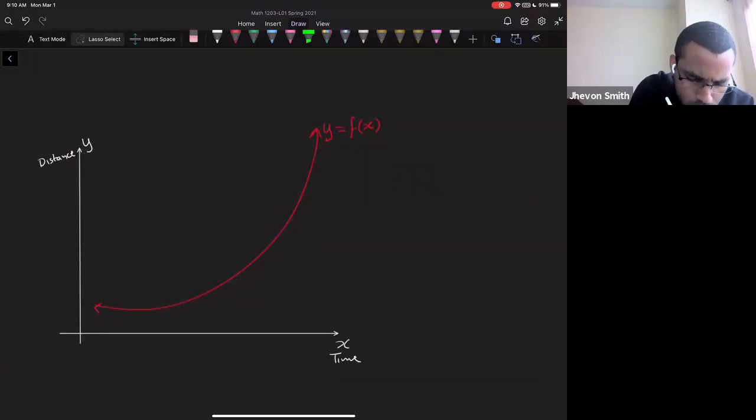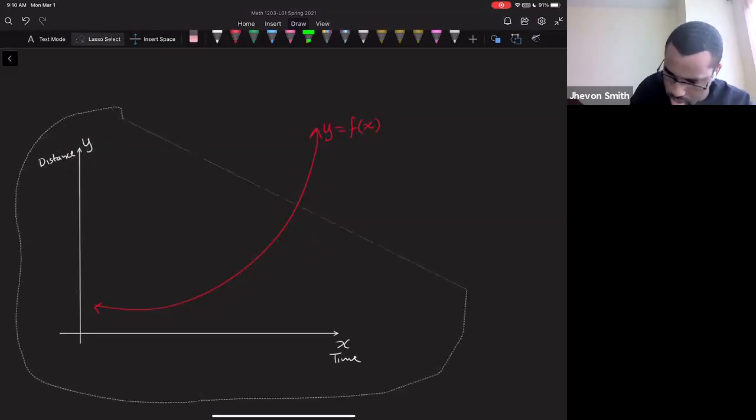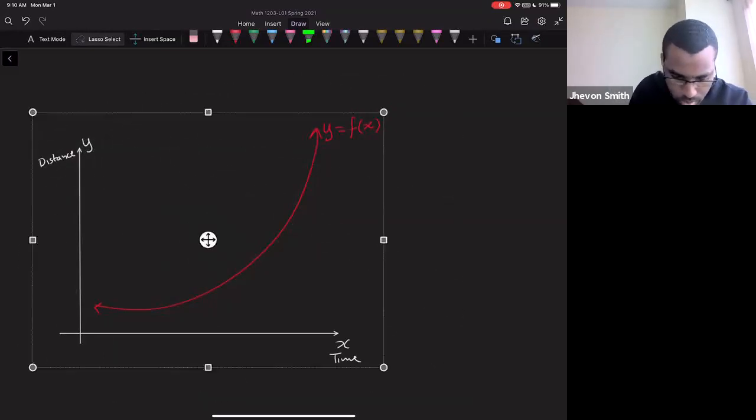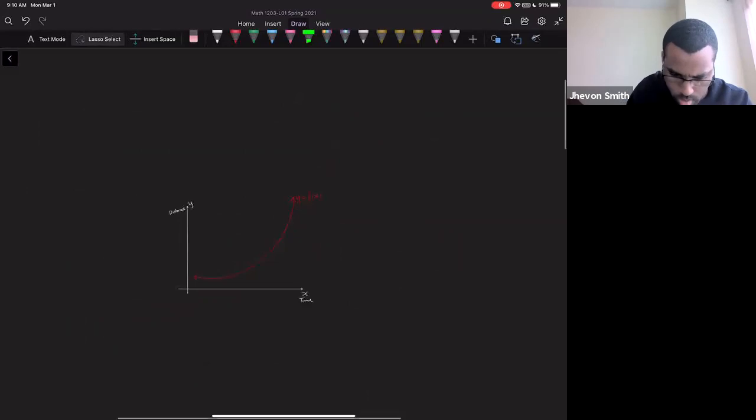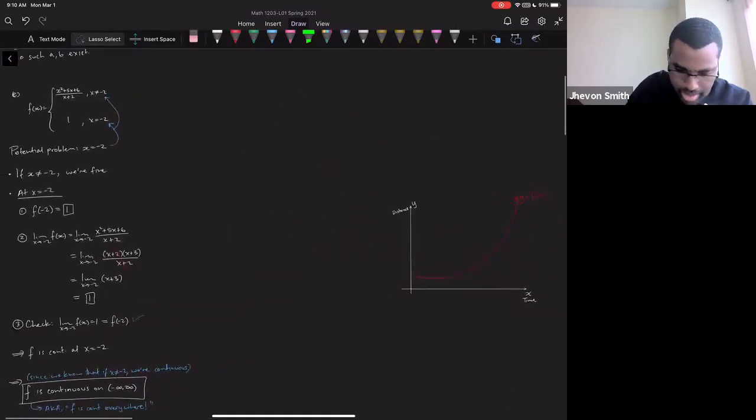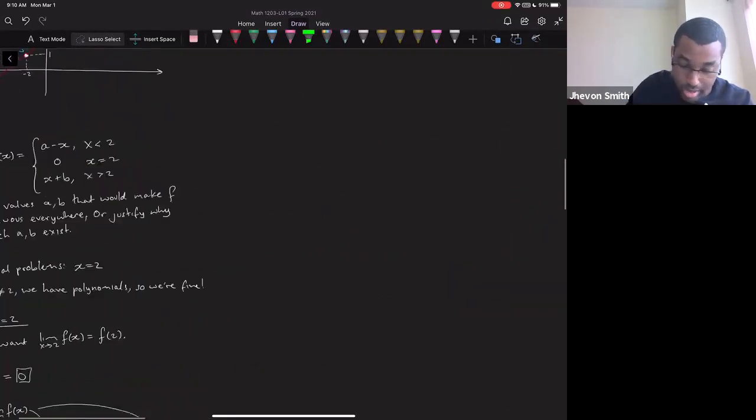Why can't I grab this? Is there something wrong with the thing? I don't know what's going on with that guy, but he does not want to be grabbed.